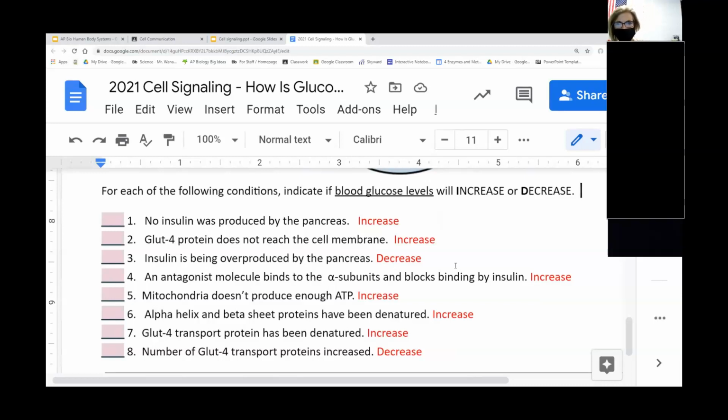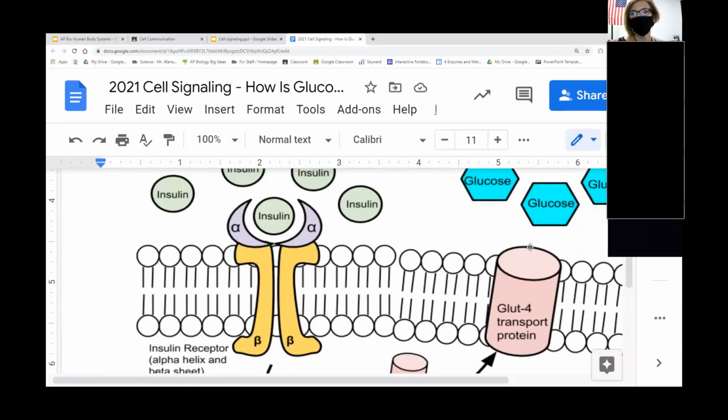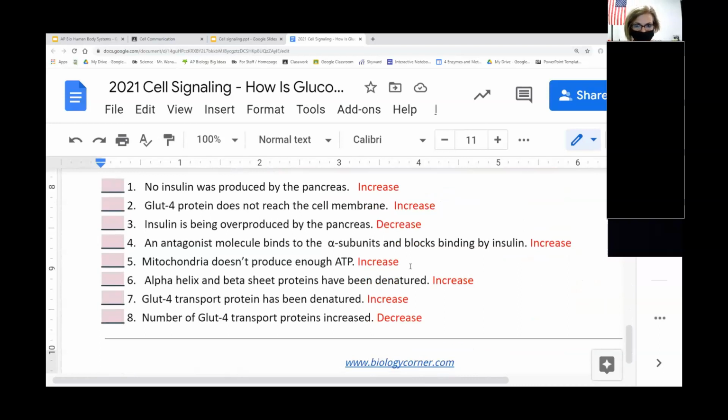It's not really identifying where the ATP is being used, but I believe this transport protein requires ATP to function. That makes me think glucose would stay in the bloodstream because it doesn't have the energy to change this protein shape, and so it would cause an increase.